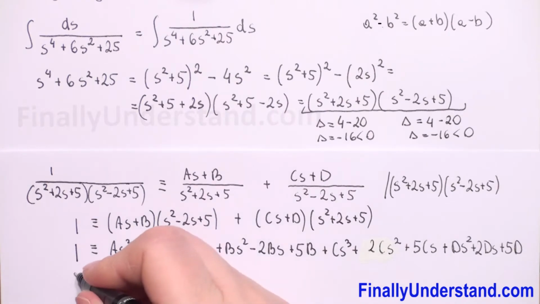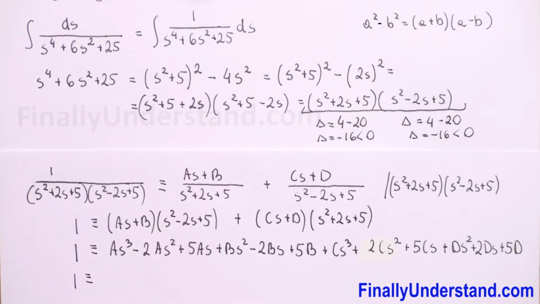Now we have to compare the like terms. So we have 1 is identically equal to, we have s cubed, so we have (a plus c) times s cubed.